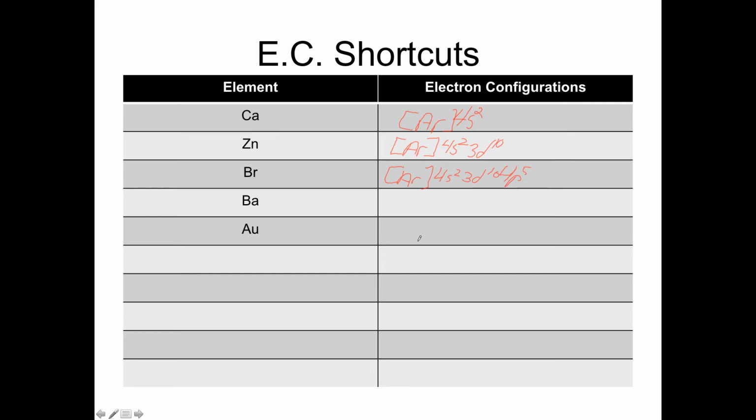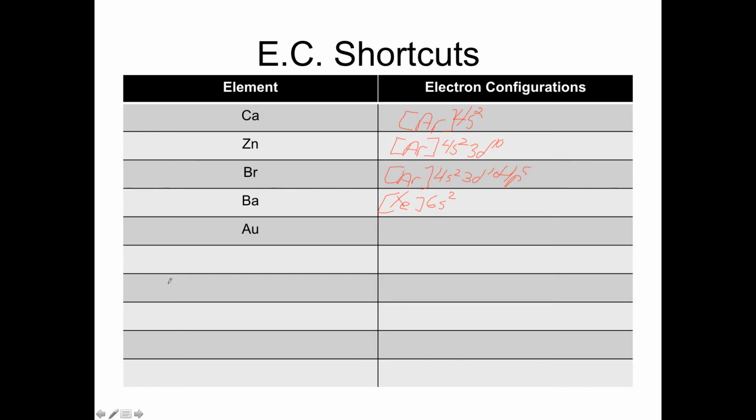Let's try barium. I have to find where barium is on the periodic table. Barium is number 56. It most recently went past xenon. So I'll put Xe in brackets. Start at the next available line. That's the 6s. So I go 6s2.